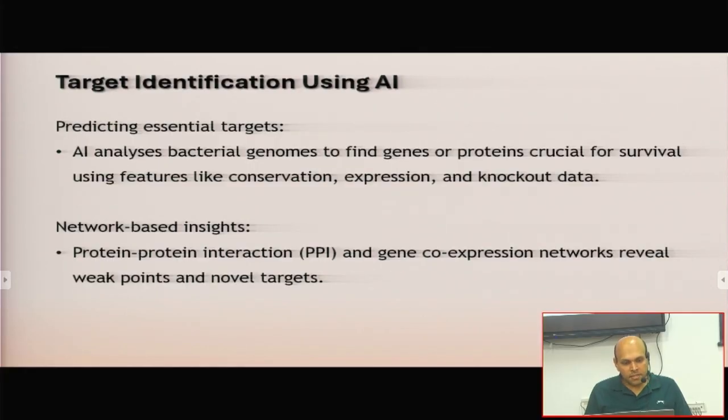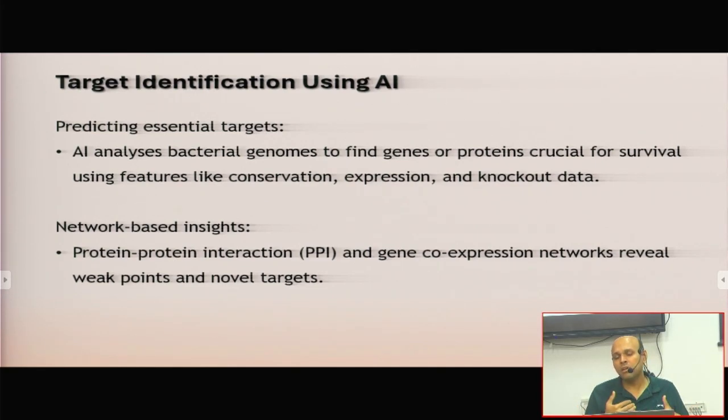So network-based insights, we already know, like PPI, everyone is familiar. Protein-protein interactions. Protein-protein interaction is nothing but, a single protein will not do a job. You will sometimes have interaction with multiple proteins that are part of a hierarchy.